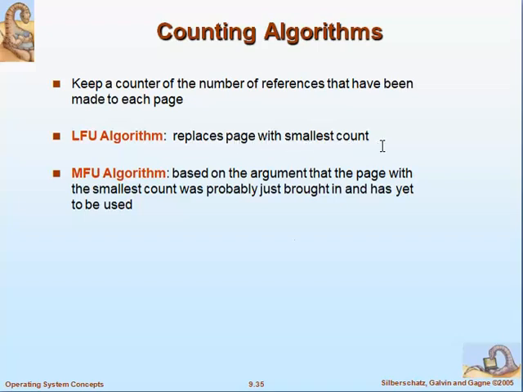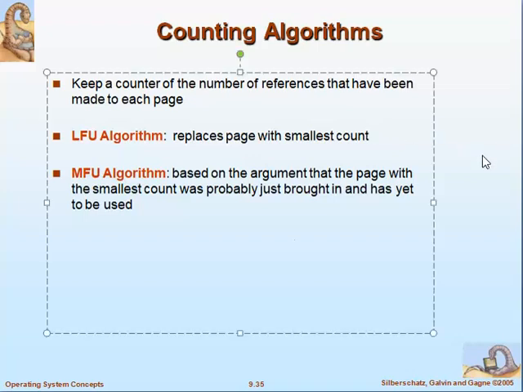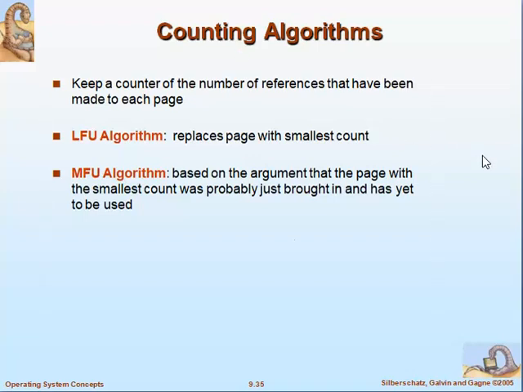However, there is a drawback with LFU. Let us say there are certain pages which are extensively used in the initial stages of the program. Those pages will have high counts, and later in the program, if those pages are not referenced, they will still remain in memory even though they are not referenced.